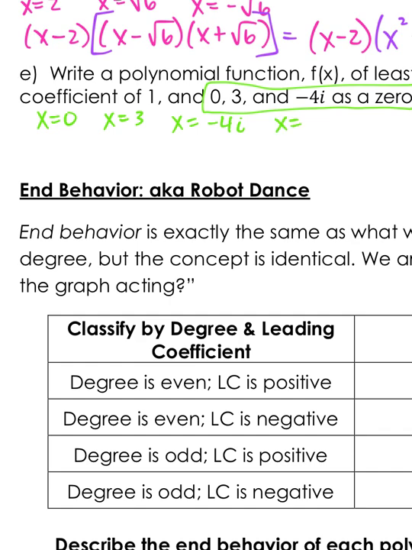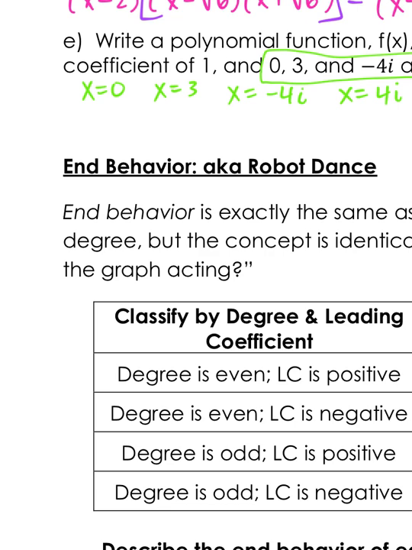That means x equals positive 4i is also an answer. So when I write these as factors, this is just x. This is x minus 3. I have x plus 4i and x minus 4i.